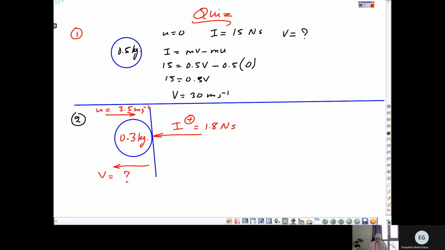So now we have the same rule, I equals mv minus mu. I is 1.8. Remember, we have to consider signs. This arrow is going to the right, this arrow is going to the left. So the velocity here is negative 3.5. Remember, you assume the direction of the impulse, and consecutively, all the same directions are positive.